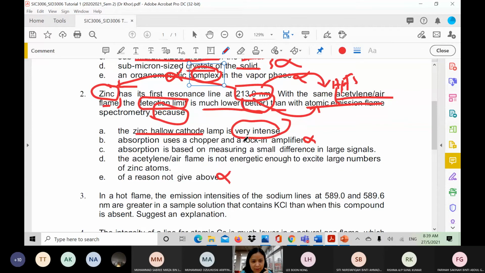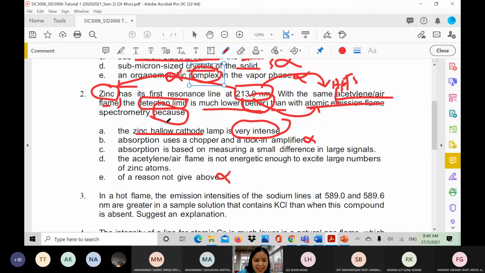Why I say this is not? Even though it is very intense, it will not answer the comparison between AAS and AES. And another thing is, what would affect the signal of detection if we use a higher energy light source? It's only in AFS, atomic fluorescence spectroscopy, right?